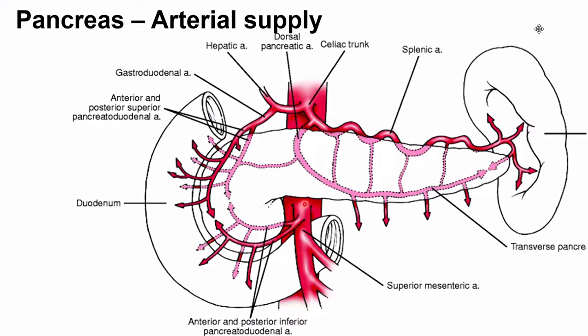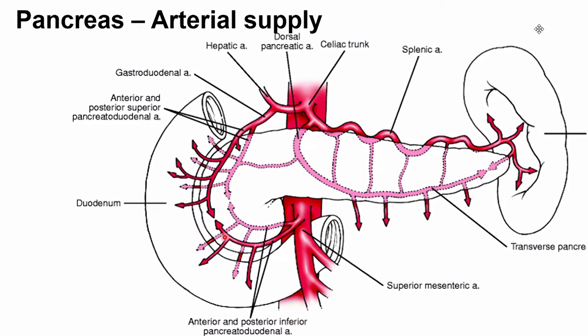Di ba na-mention ko, this part, this is the junction. This is the area where you have the ampulla of Vater. This is the junction at the mid of the second portion of the duodenum. This marks the end of the supply of the celiac artery here.